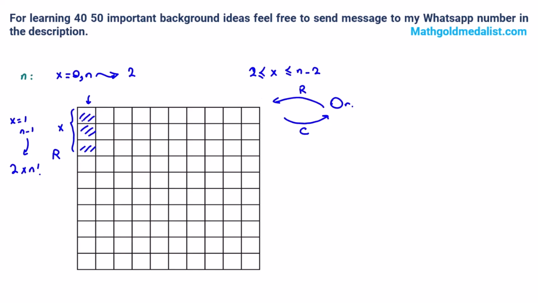Because when we permute our column, this column, for example, goes to another column. But we know that we have x consecutive blacks in the beginning. The first x cells are black. So it means that in our original table, we had a column whose first x cells are black. Like this, you can do it for any other.